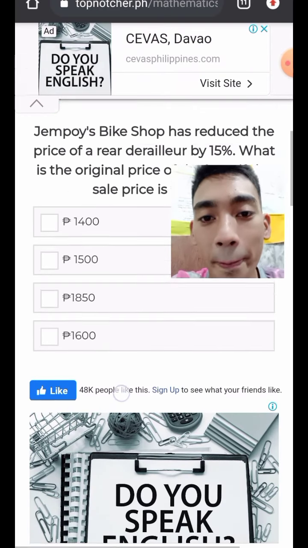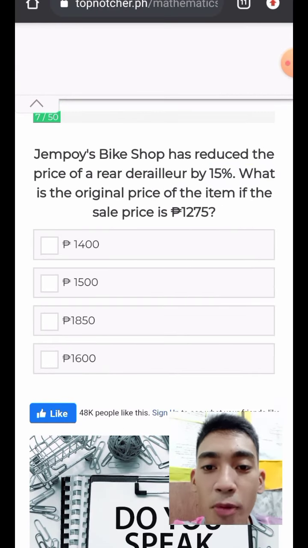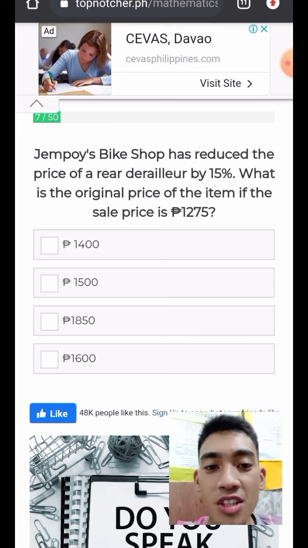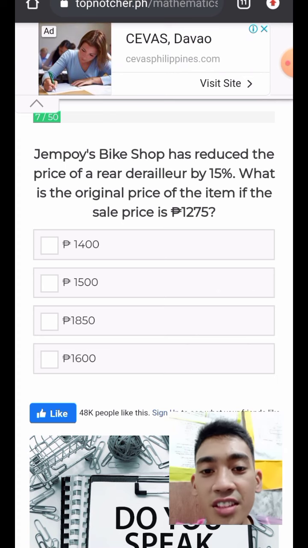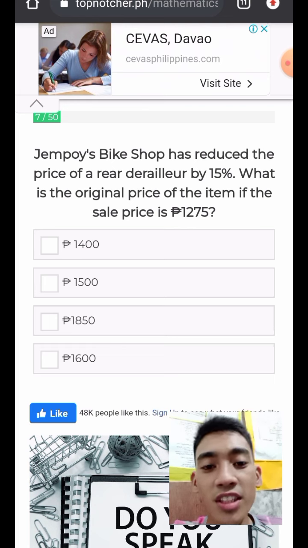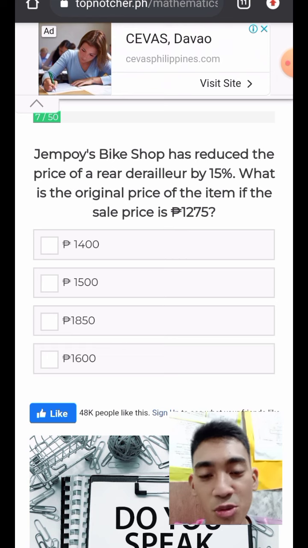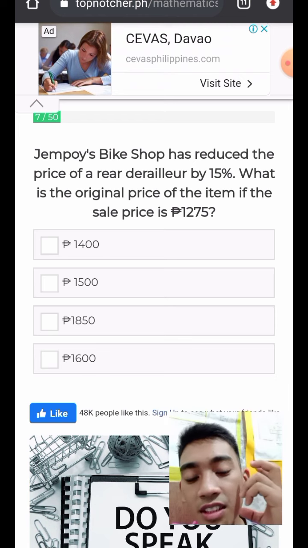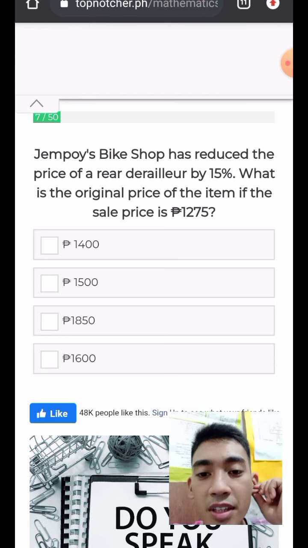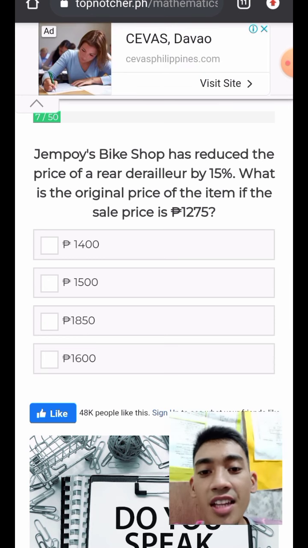Continue. Gempoy's bike shop reduced the price of a rear derailleur by 15%. What is the original price of the item if the sale price is 1,275 pesos? So the issue here is the original price.